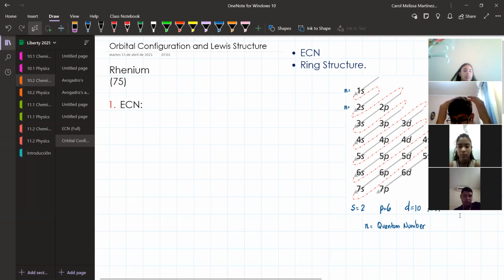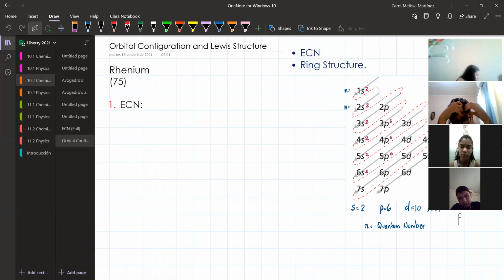What I do, because I don't want to forget, is I put the number of electrons just to keep it there, okay? Because I don't want to forget.